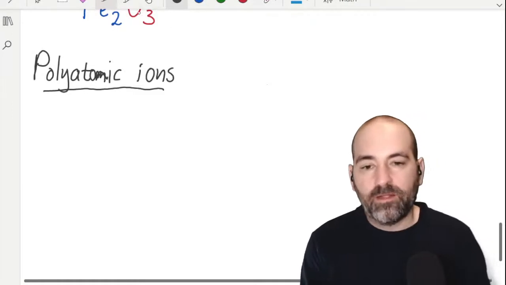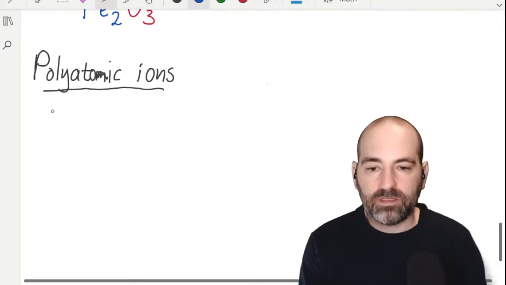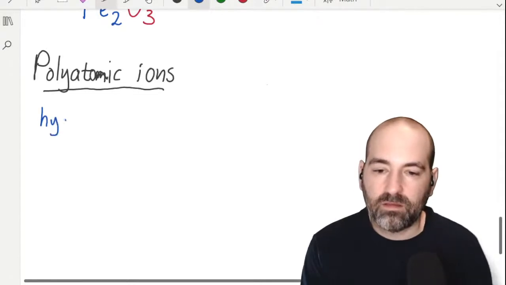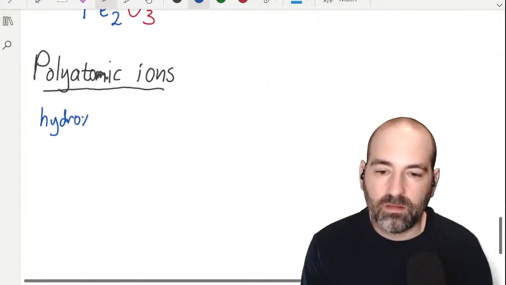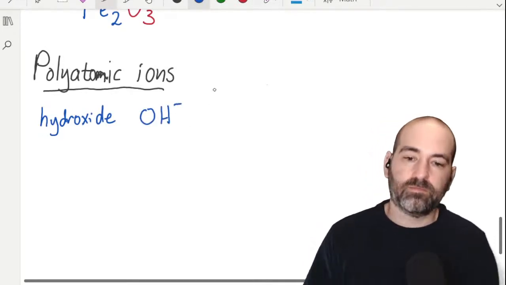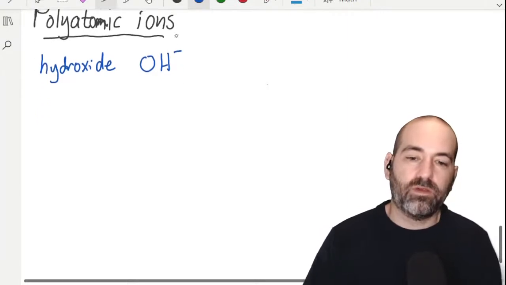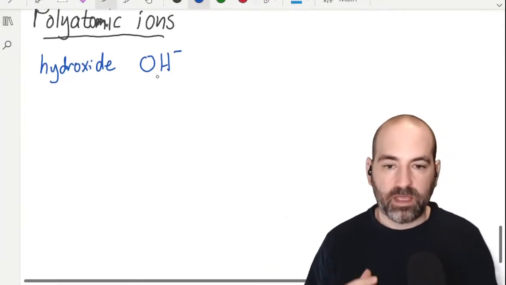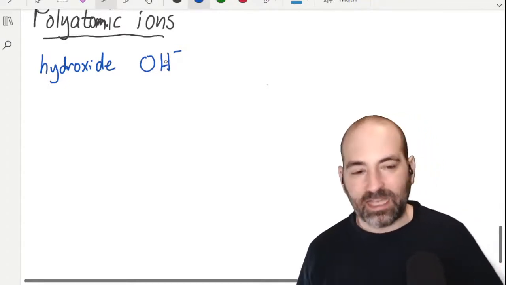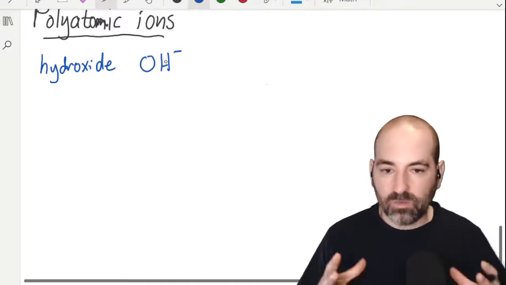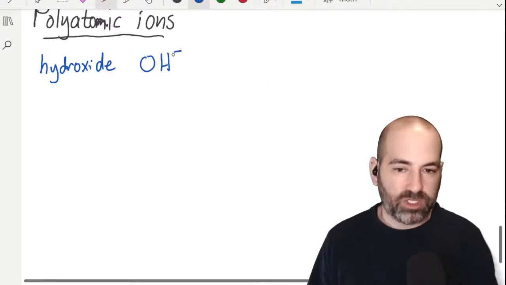And so these are things, some of which we've seen already, like hydroxide, which is OH -1. So in this case, this ion is made up of 2 elements, O and H, but it's not like oxide and hydride or something like that. It's just hydroxide altogether. It's one thing, and it's got a -1 charge.